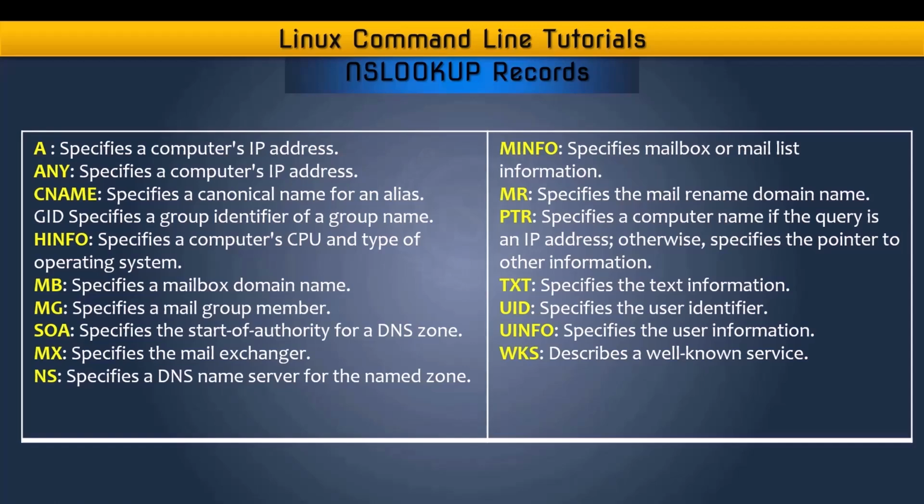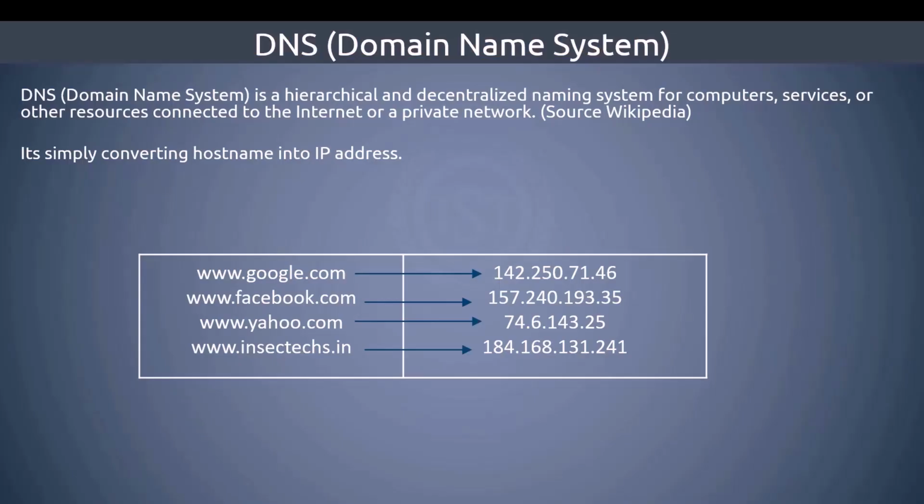MX is mentioned, which specifies mail exchange information as a record, and NS, that is, the DNS name server for the managed zones, and so on. You can do some research on DNS if you don't have knowledge of DNS and its working mechanism. So these are all the types of records that you can ask a DNS server for by querying it using the nslookup command.